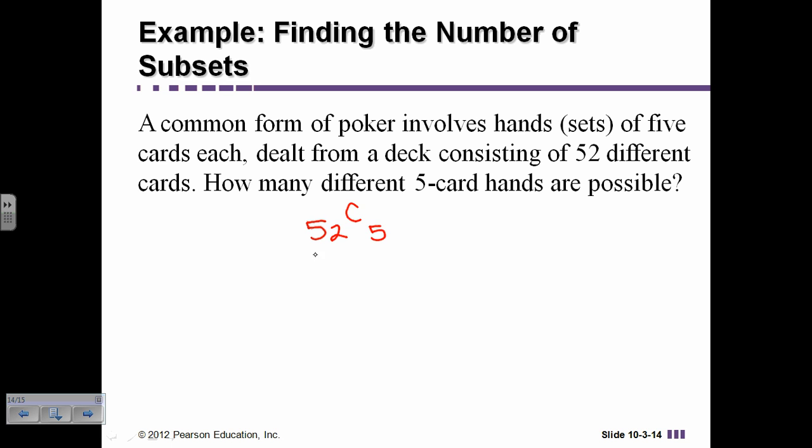So I have 52 cards. I want to choose 5 cards from that deck. So how many possible different hands could I draw? So we would have 52 factorial divided by 5 factorial and 52 minus 5 factorial.